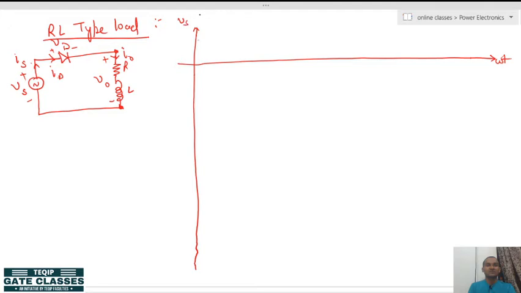So this is my source voltage. All right.